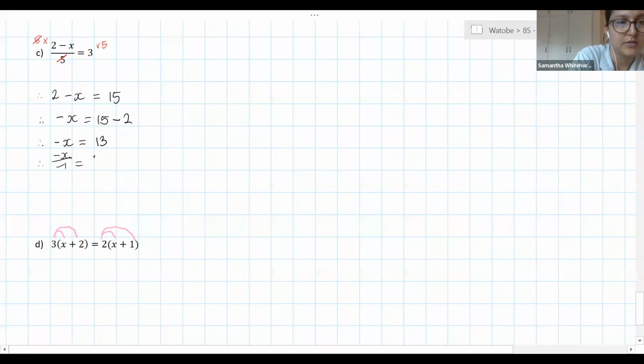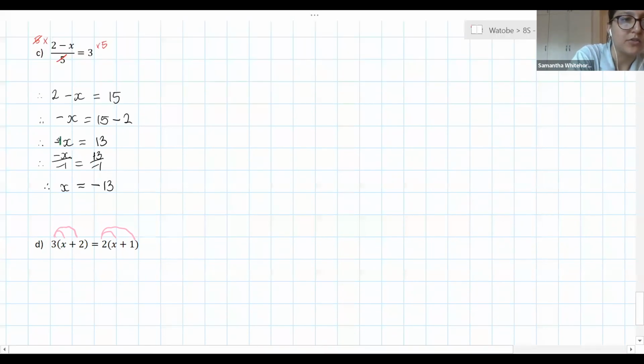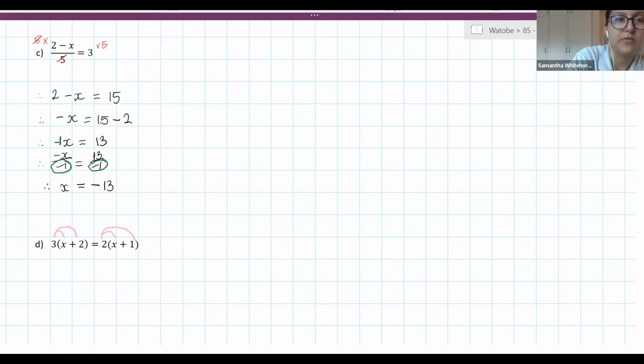Perfect. Oops, 13. Okay, so guys, what's very important there is the fact that we've got a negative 1 in front of the x, and I don't want that. So we have got a negative 1 coefficient. I don't want that. That's why I divide by a negative 1 on both sides in order to get a positive 1x.